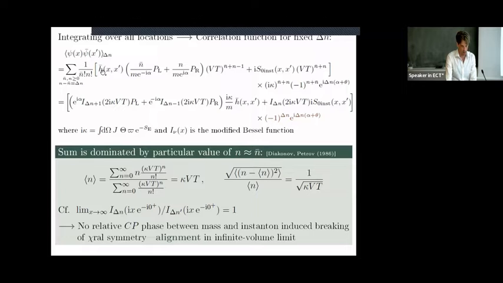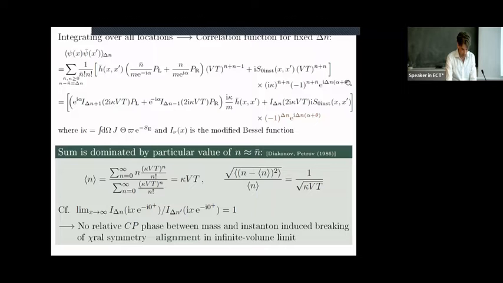There are combinatorial factors again, because instantons and anti-instantons are indistinguishable. And there's this factor kappa, which is the price we have to pay for the tunneling. So it goes with n plus n bar. And then we have the thing that we're interested in here, the CP odd phase.